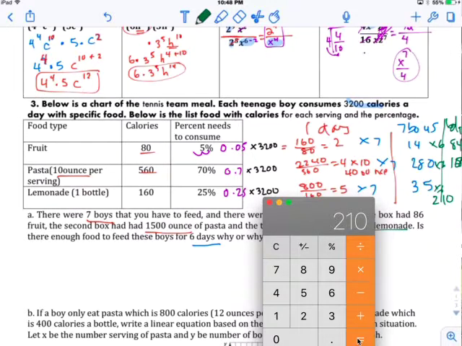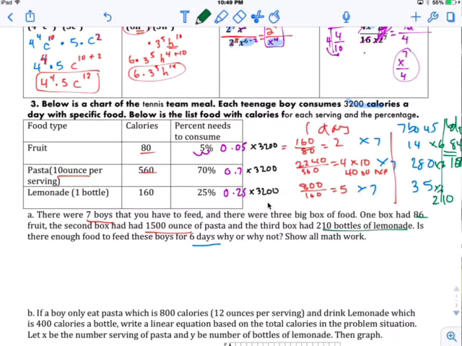Okay. Is there enough lemonade? No, not enough fruit. You need 86 and you only have 84. Gosh darn it. Maybe on the test I'll have it all enough for everything.